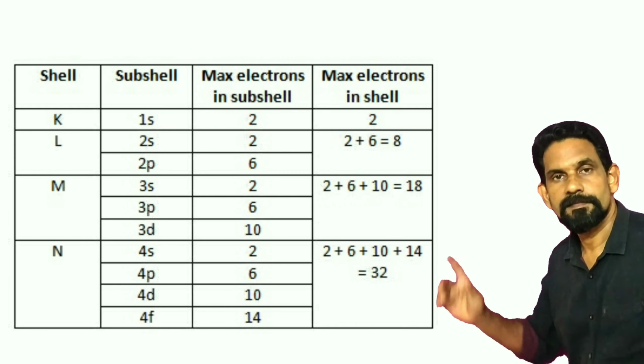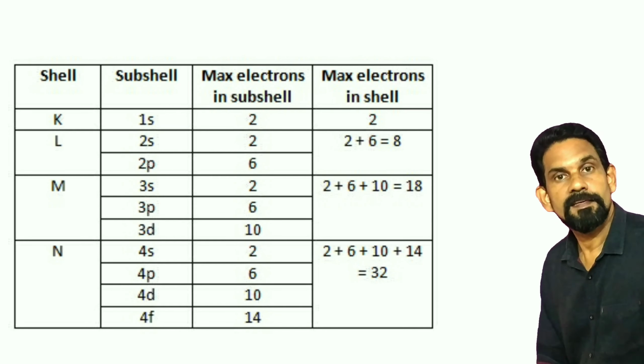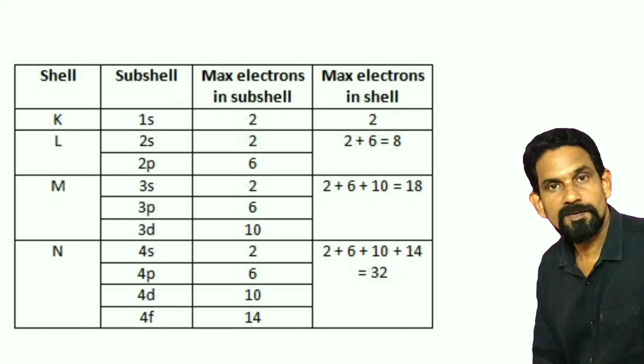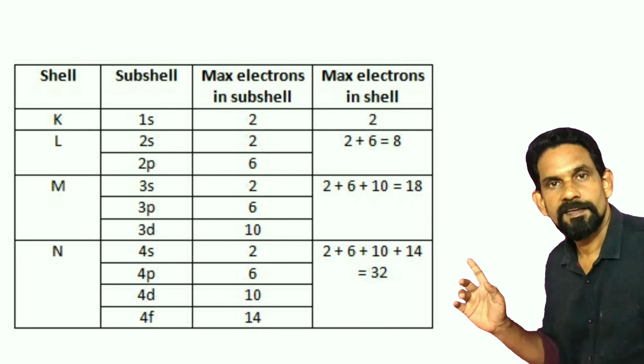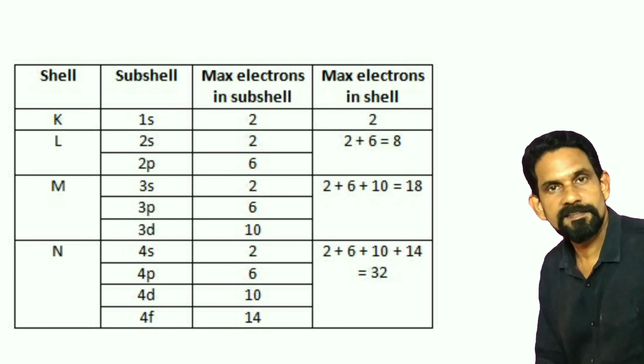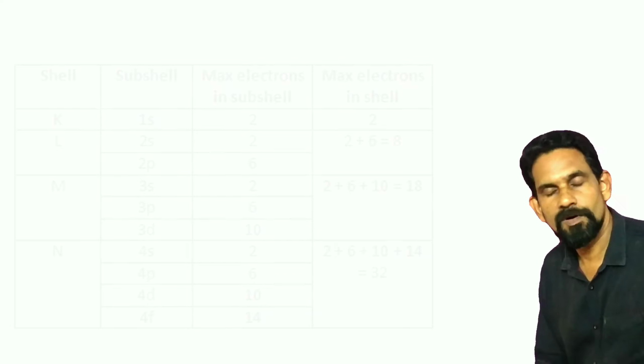So students, look at the table. Which subshell is common to all shells? See, S subshell is common to all shells. Then how can we identify the subshells in each shell? The S subshell of K shell, we can write as 1s.